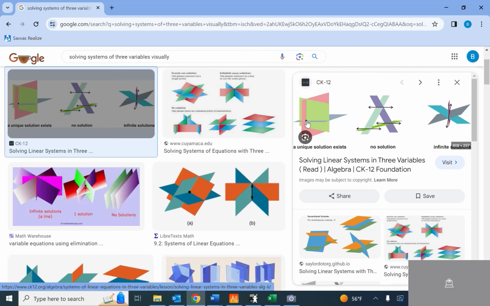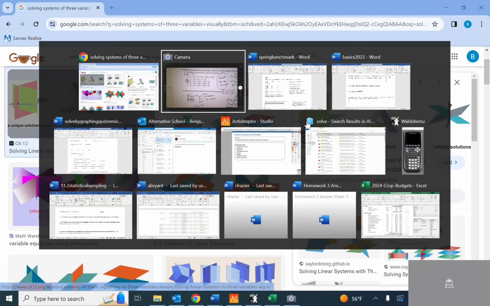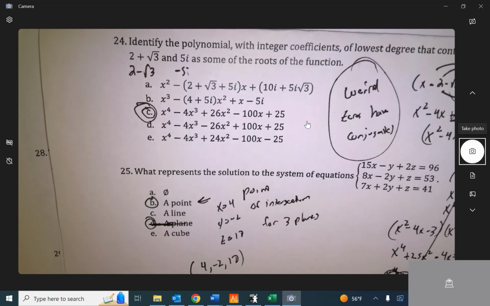I should not have said plane. It is the point of intersection of three planes. It is the point of intersection for three planes. I'm sorry.